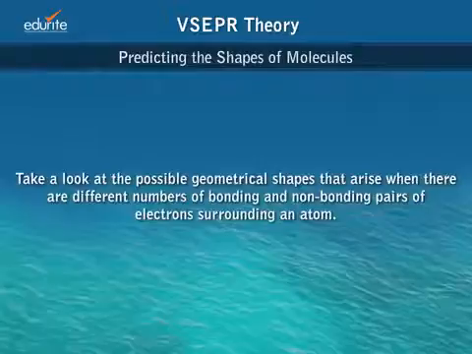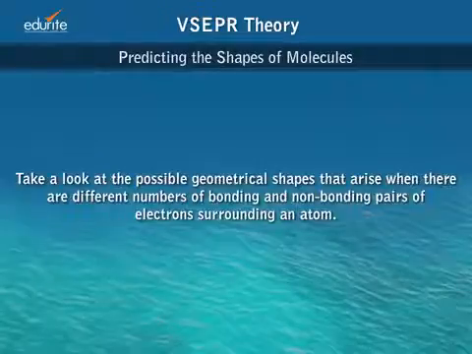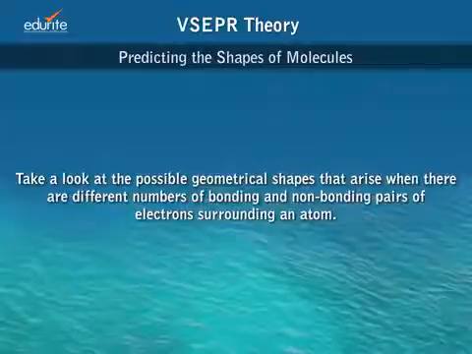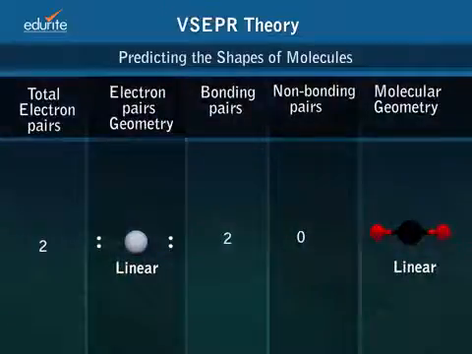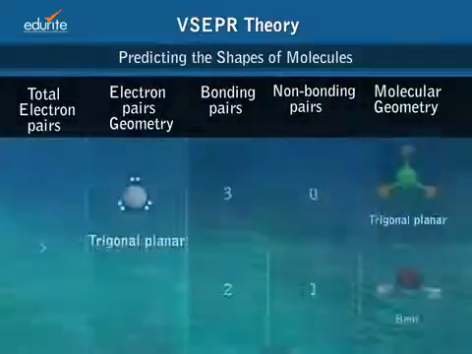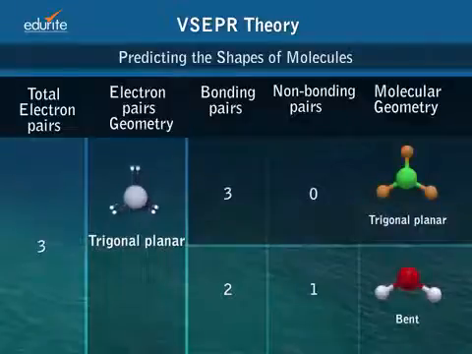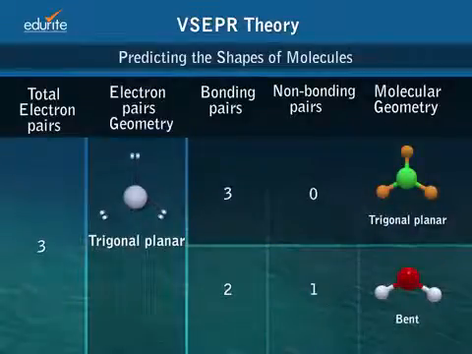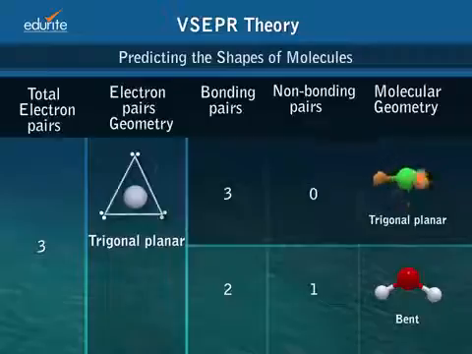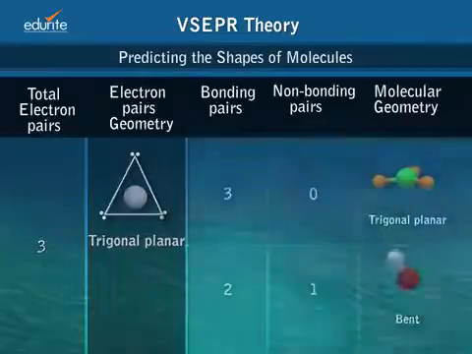Let's take a look at the possible geometrical shapes that arise when there are different numbers of bonding and non-bonding pairs of electrons surrounding an atom. When there are two electron pairs, the possible molecular geometry is linear. When there are three electron pairs, the possible molecular geometries are trigonal planar or bent.